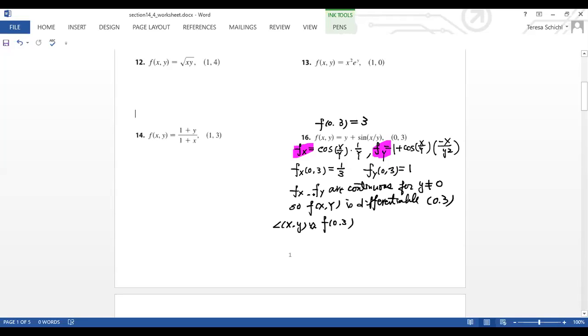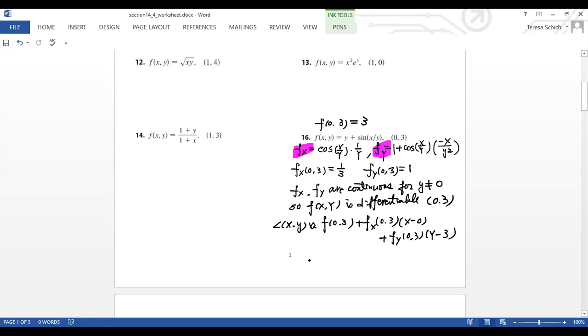Okay, and then now f of (x, y) we say is f of (0, 3) plus the partial derivative of x at (0, 3), then x minus 0, plus f of y at (0, 3), then y minus 3, right?